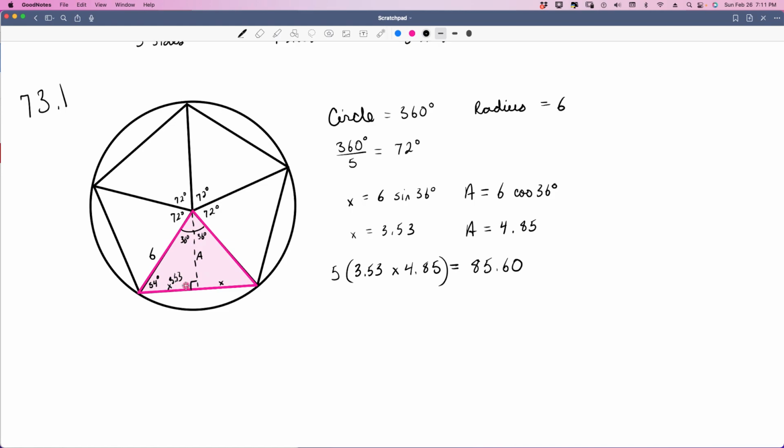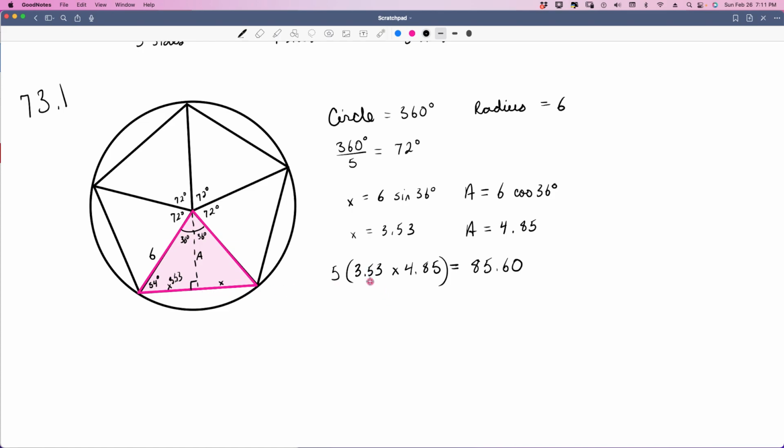This 3.53 is already divided by 2. The area of this triangle would be 3.53 plus 3.53, or times 2, times the height, which is 4.85. So in just finding x, it's already divided by 2 because we only found one side. We found half of the base, right? So we've already got that division by 2 going on.